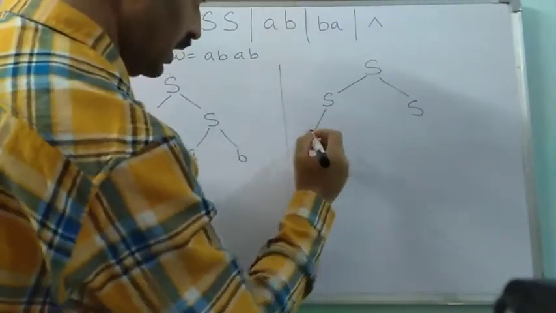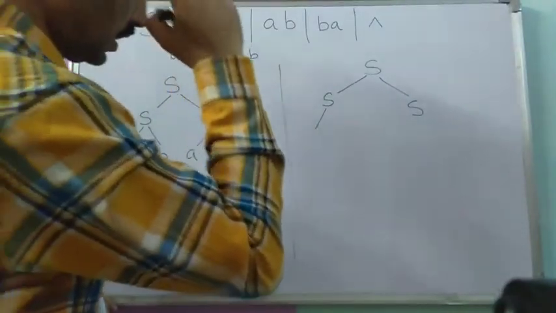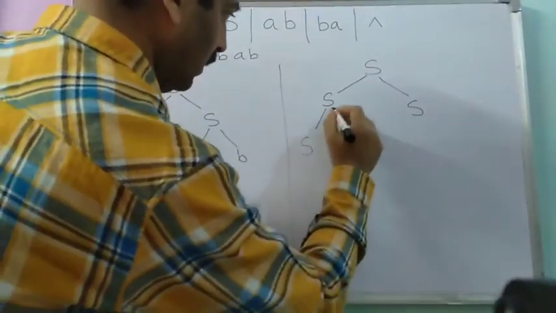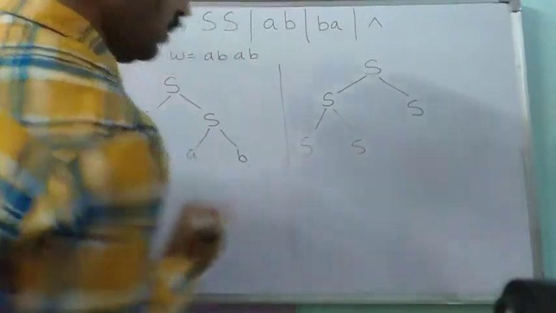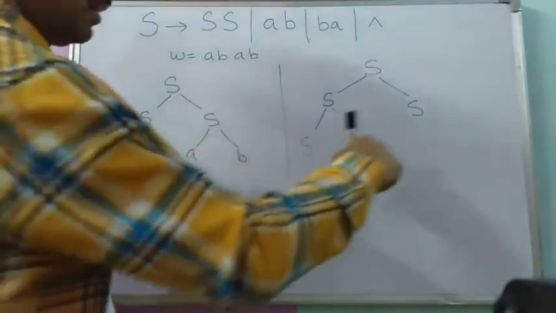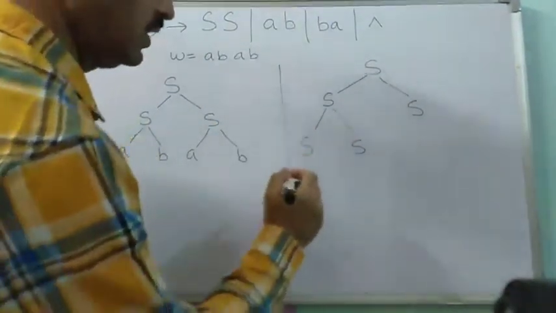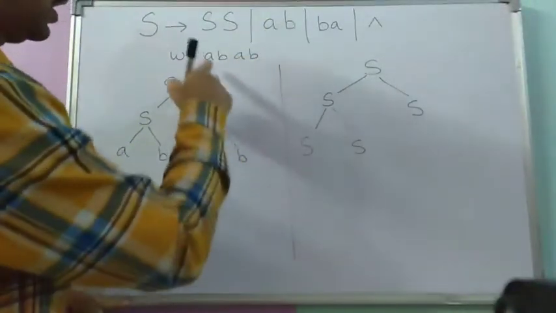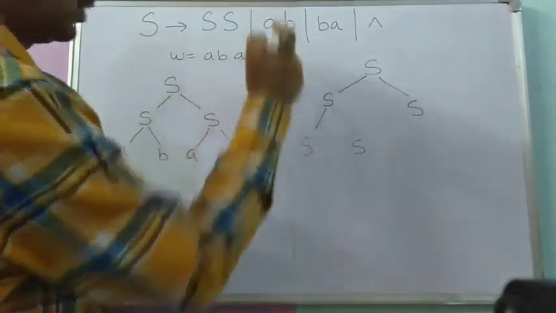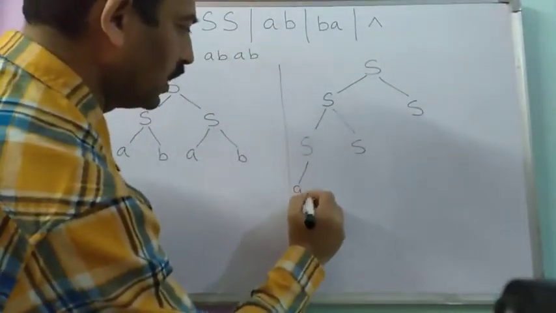Through this S, suppose I use double S again. So now I have 3 S, 3 variables which are open. Through this first S, I have to generate AB. So I will be using S to AB.